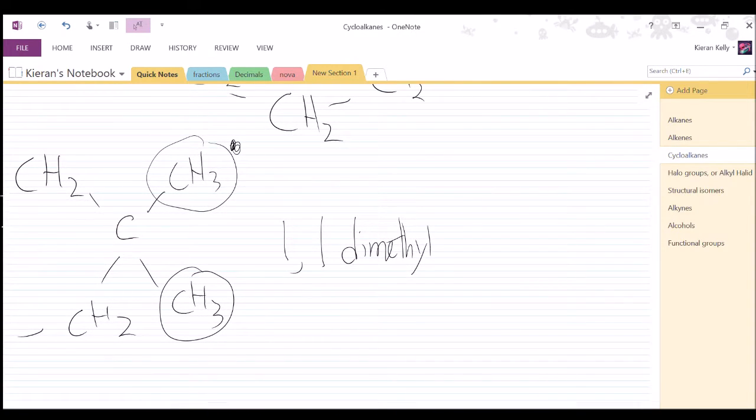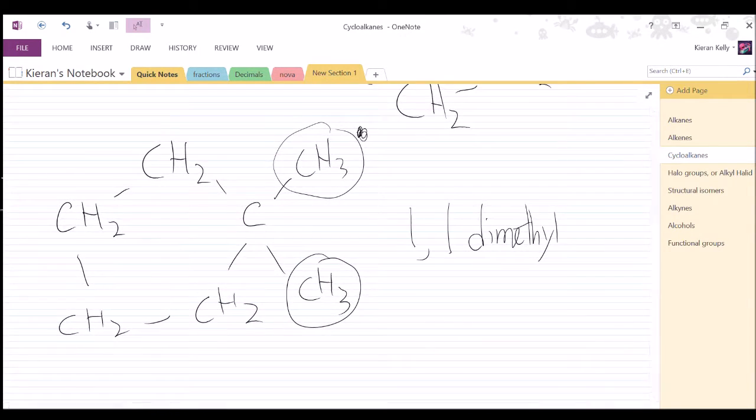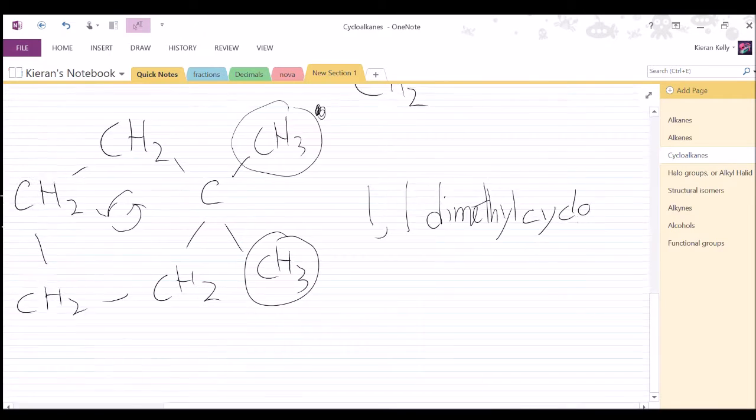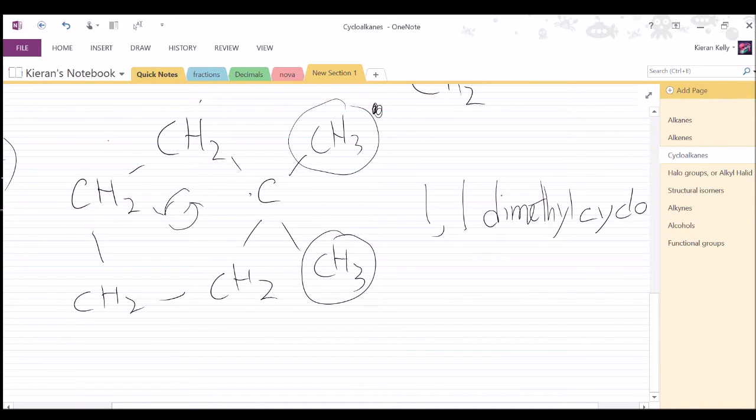And now, because our carbons are written in a circular fashion, we're going to go ahead and write cyclo. Now, how many carbons do we have? We have 1, 2, 3, 4, 5.